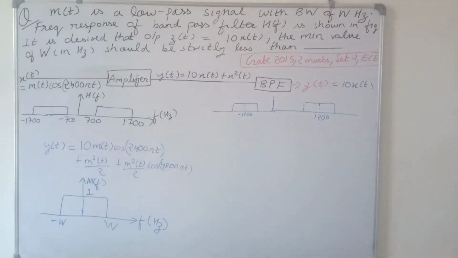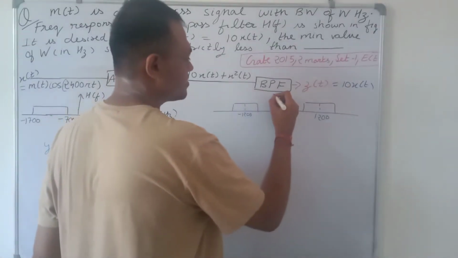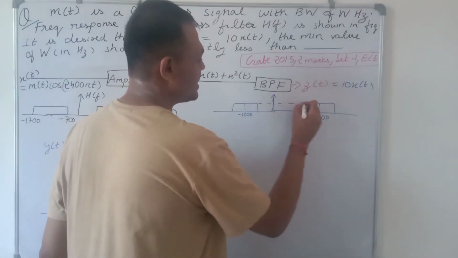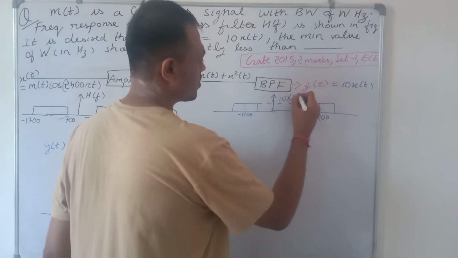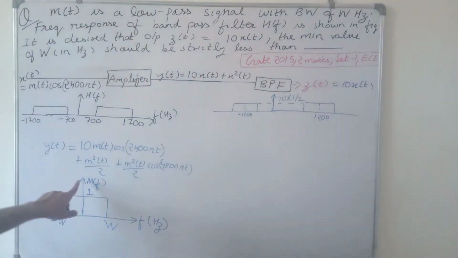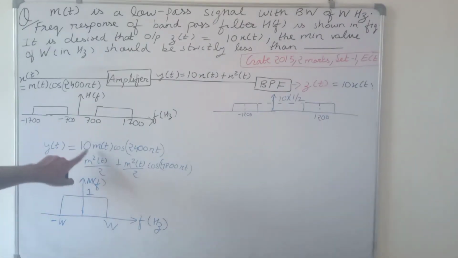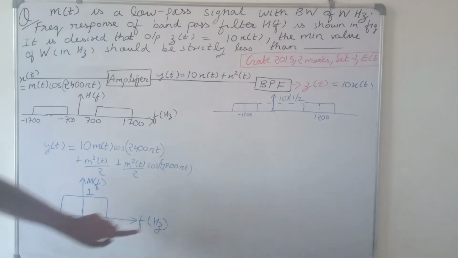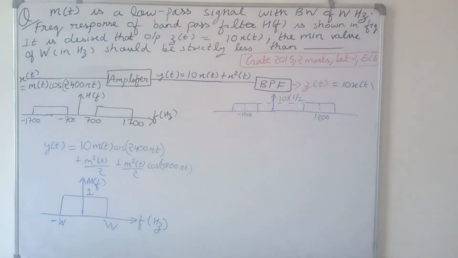So this is 10 m(t) cos of 2400 pi t, and this amplitude is 10 into 1 by 2, because the amplitude of this signal m(t) was 1, so this amplitude will be 10 into 1 by 2, but we do not have to worry about the amplitude.